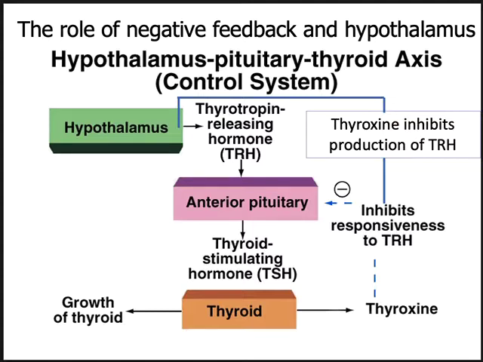So think of this like brakes in the car. If your brakes are not sufficient to stop the car, you have your emergency brake, right? Okay, so that is the hypothalamus pituitary thyroid axis, and this is an example of negative feedback. Okay.